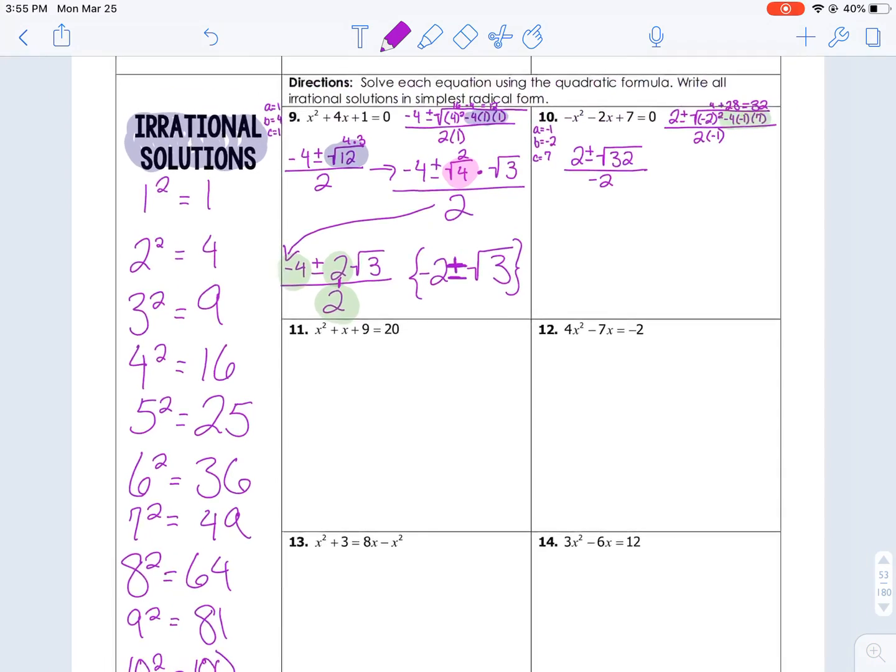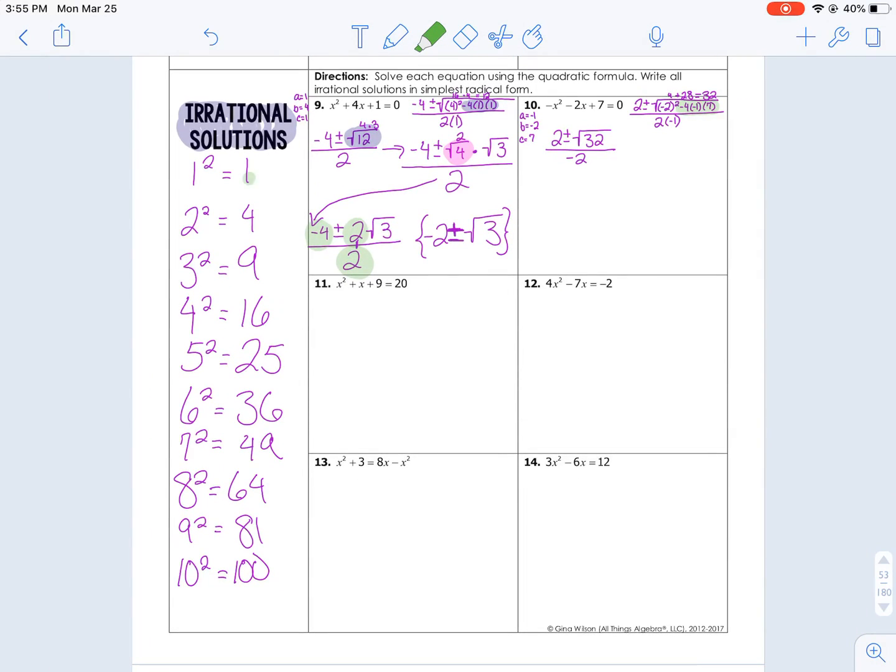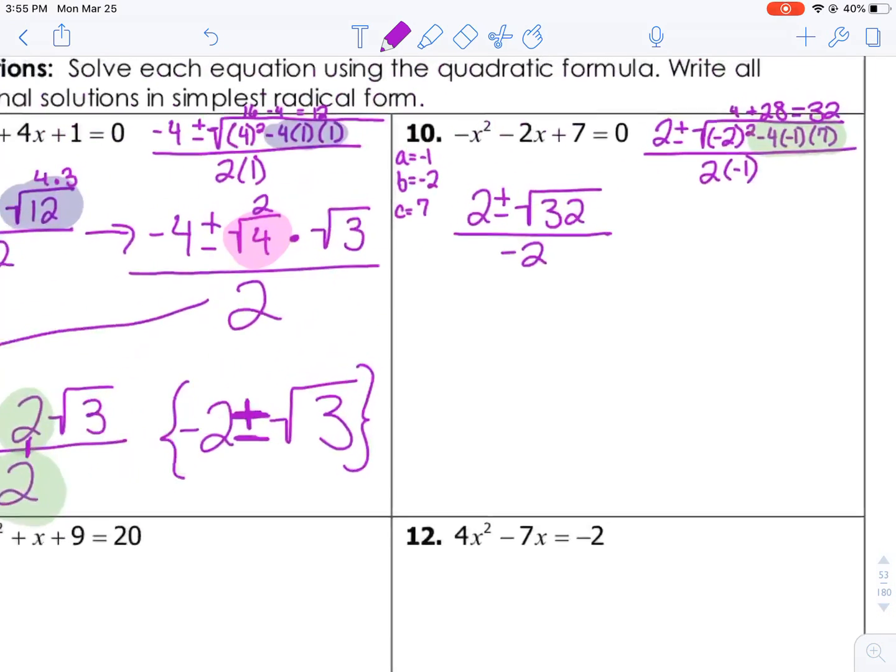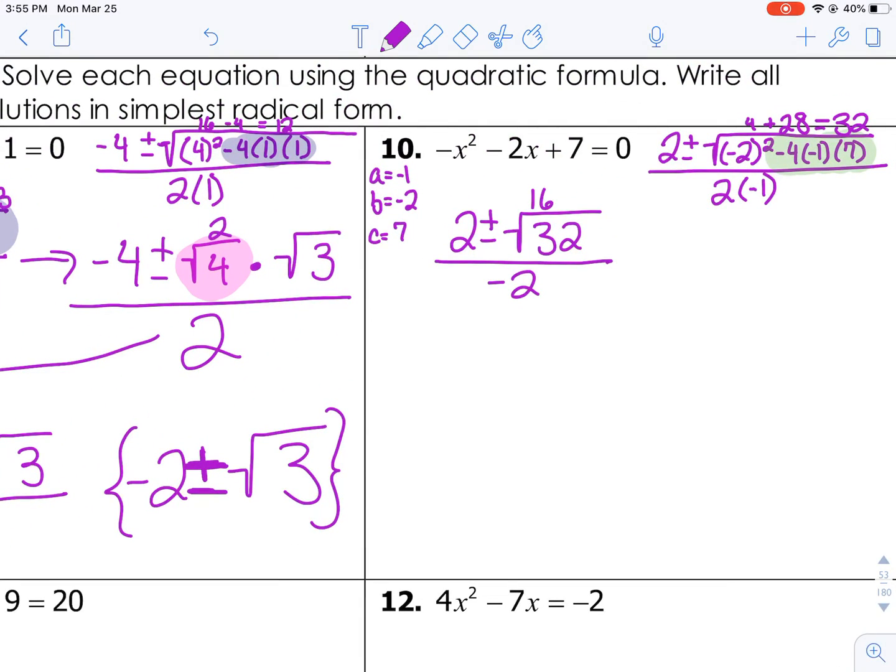So again, I'm going to use my cheat sheet. I want to figure out the biggest number from here that will perfectly divide into 32. And it's going to be 16. 16 times 2 would give me 32.